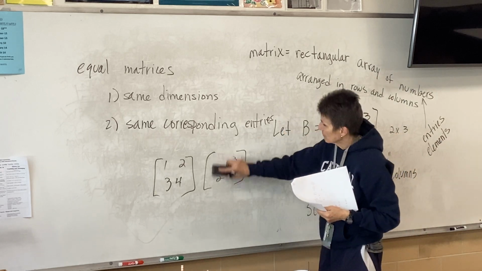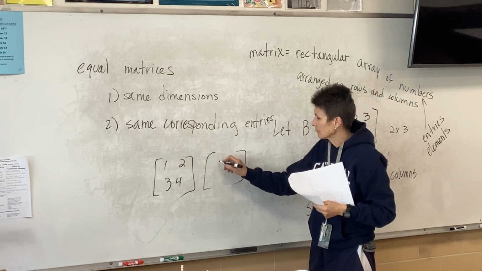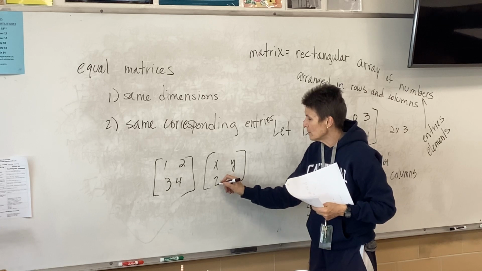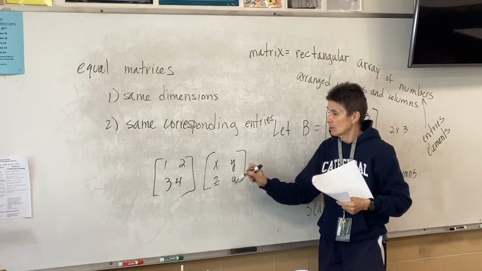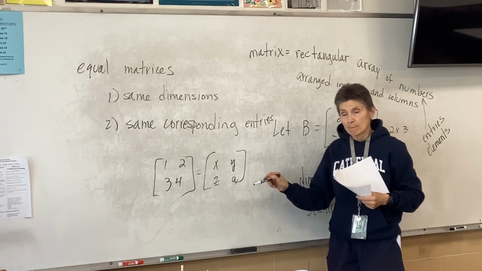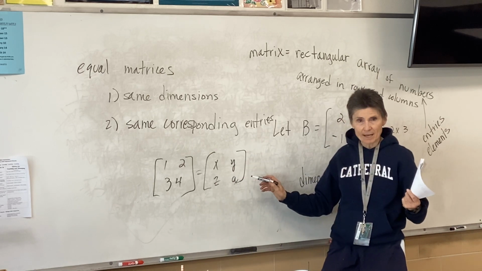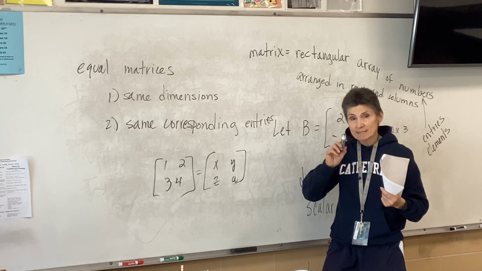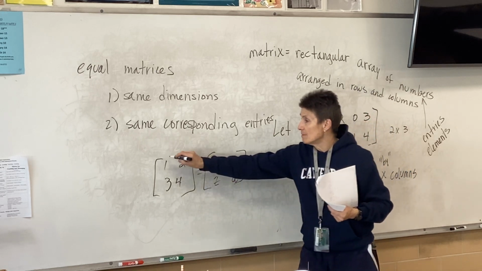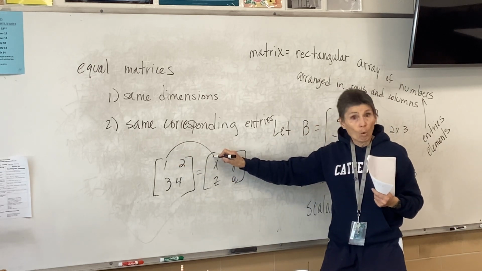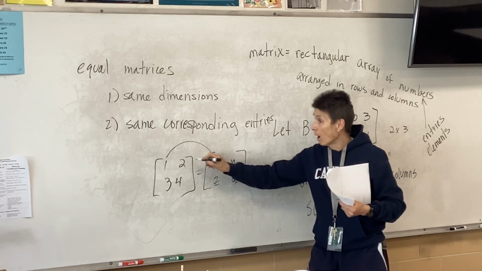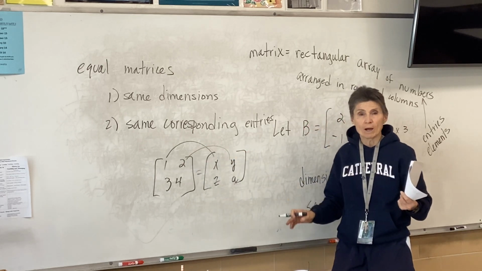Well, if we had a situation where we knew these two were equal, but we had to figure out something over here. I just made it simple, X, Y, Z, A. We could say, well, if they're equal, then X has to be 1, and Y has to be 2, and so on.